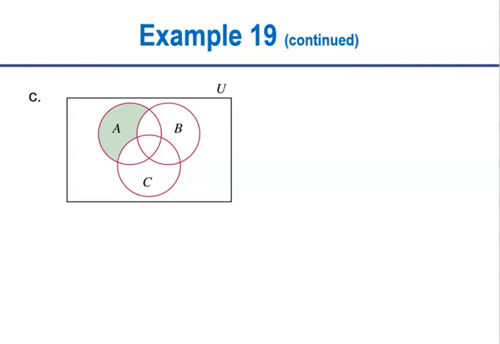Now what I see is we have A shaded, but we've removed everything that's in B or C. And notice I said or. Hey, that's important.